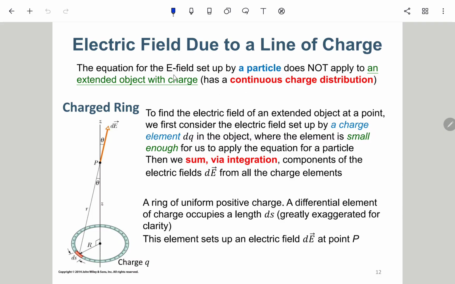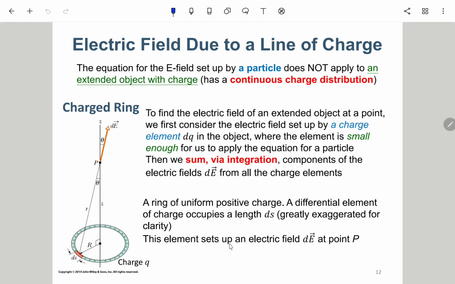The equation for the E field set up by a particle does not apply to an extended object with charge. Previously we have E equals K times Q over R squared, which can be applied for a single charge, or multiple charges, where you add up all the E fields as a vector sum. But here this is a continuous distribution.